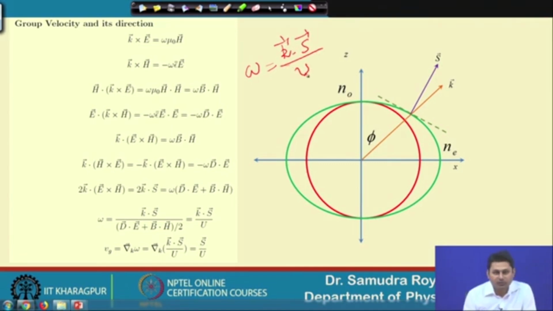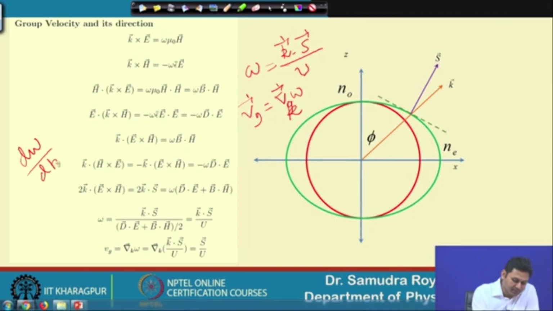Now, we know that the group velocity is a vector. Normally in one dimension we write d omega dk as our group velocity. This is the definition of the group velocity.